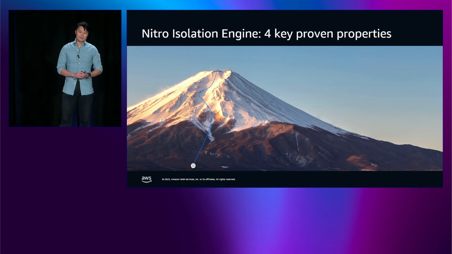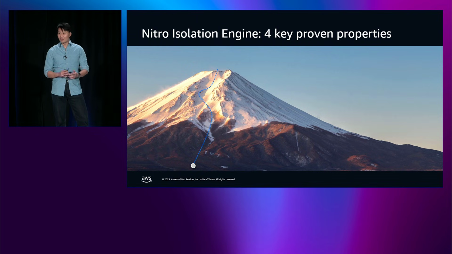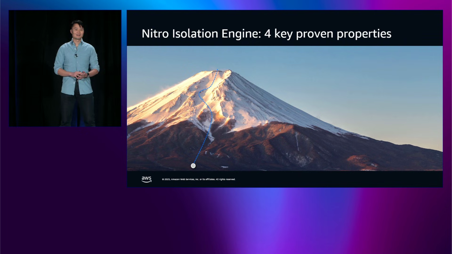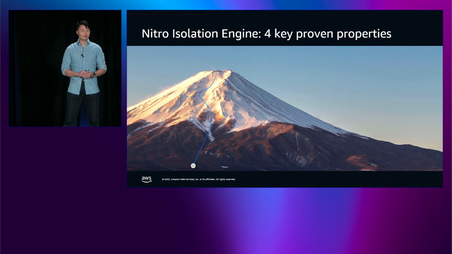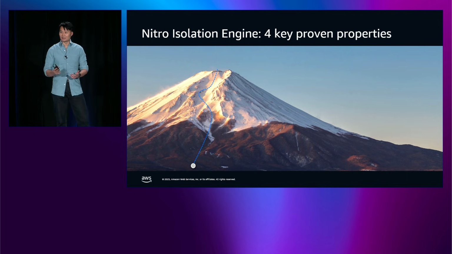There are 4 properties that are key to what we've proven in the Nitro Isolation Engine. Let's picture them as a mountain that we want to climb. And the good news, where we start from, our base camp, that's in a great place. As Kareem mentioned, we designed and implemented the Nitro Isolation Engine from scratch in the Rust programming language, which is a great choice for new systems code because of the language's emphasis on safety, and in particular, memory safety, which is important because memory safety errors are very often the root cause of security issues.